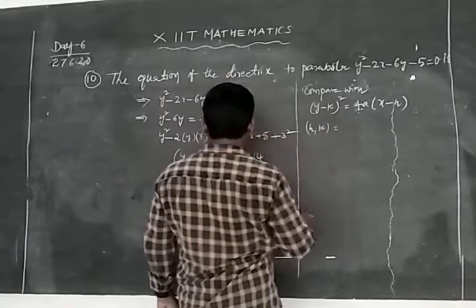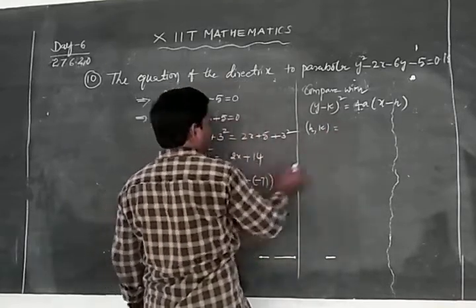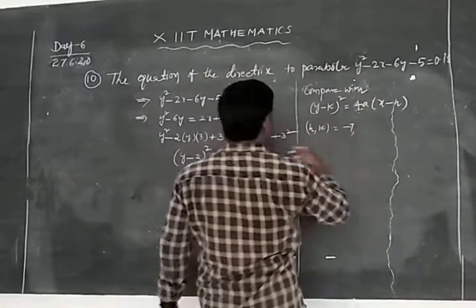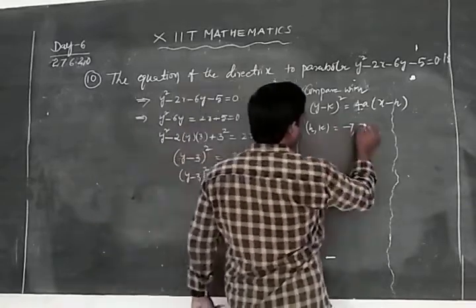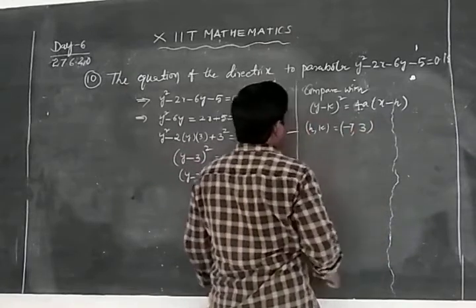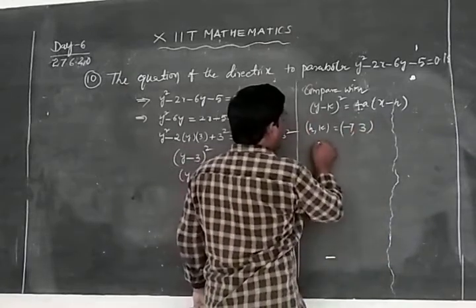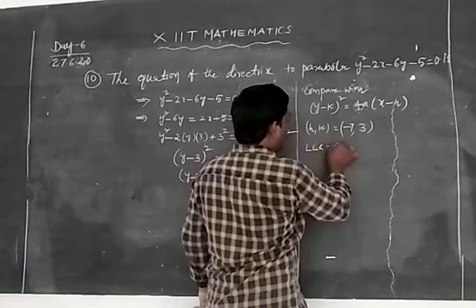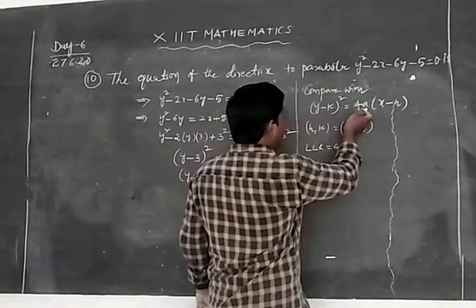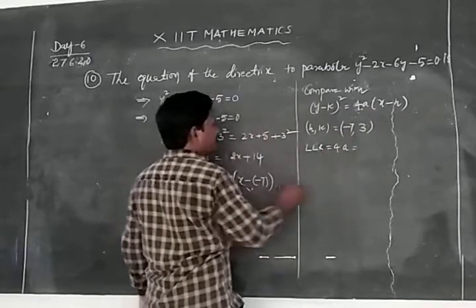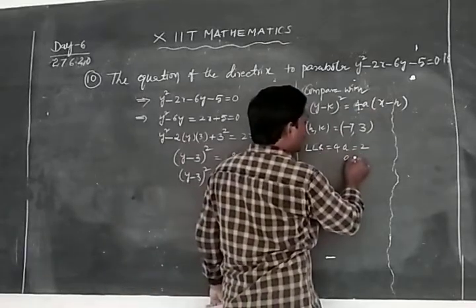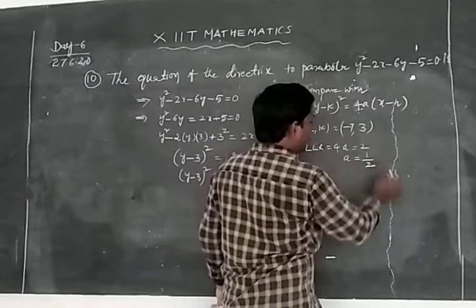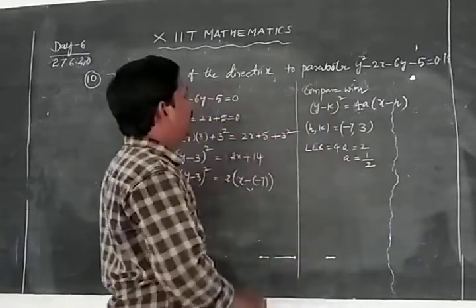What is the h value? Minus 7, k value 3. And LLR equal to 4a. In the place of 4a, 2 is there. That means a equal to 1 by 2.